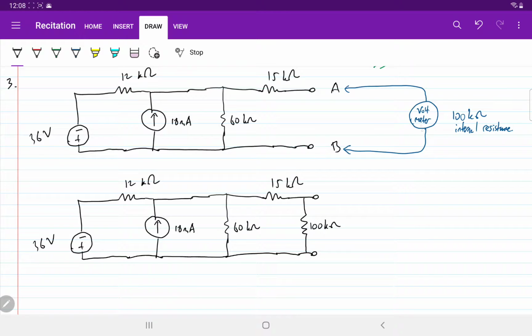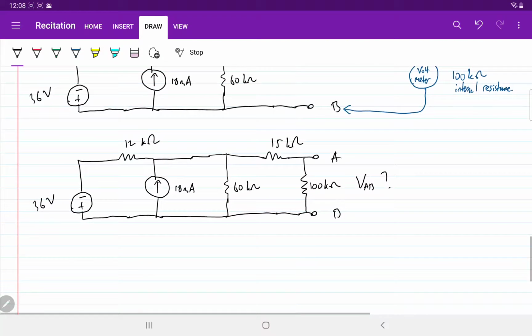So the voltage reading from the voltmeter is the same as the voltage across this 100k ohm resistor. So we want to find what VAB is here, right? They are equivalent.